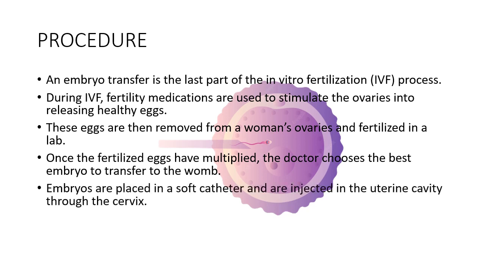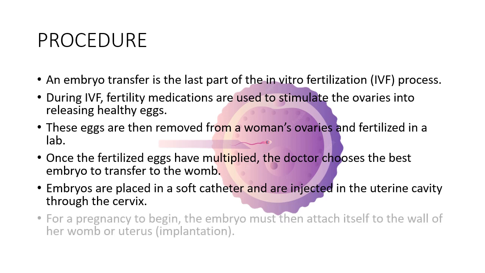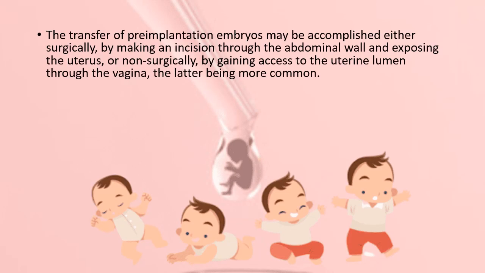Embryos are then placed in a soft catheter and injected into the uterine cavity through the cervix. For a pregnancy to begin, the embryo must then attach itself to the wall of the womb or the uterus, which is called implantation.